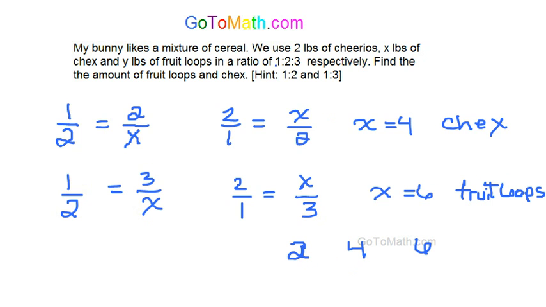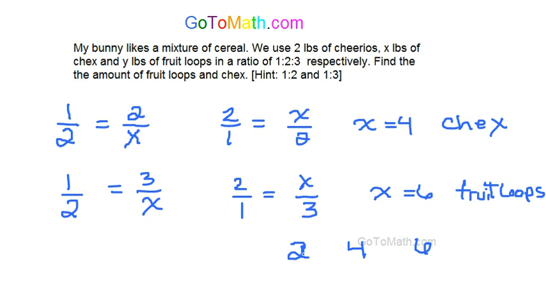Now does this make sense? A 1 to 2 to 3 ratio. 1 to 2, then 1 to 3, you could say. And so let's see, 2 over 4 is a half. What's 2 over 6? It's a third.